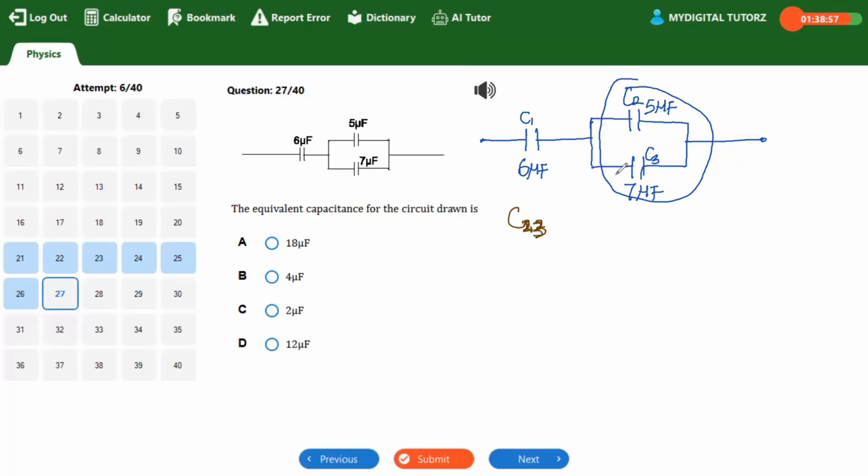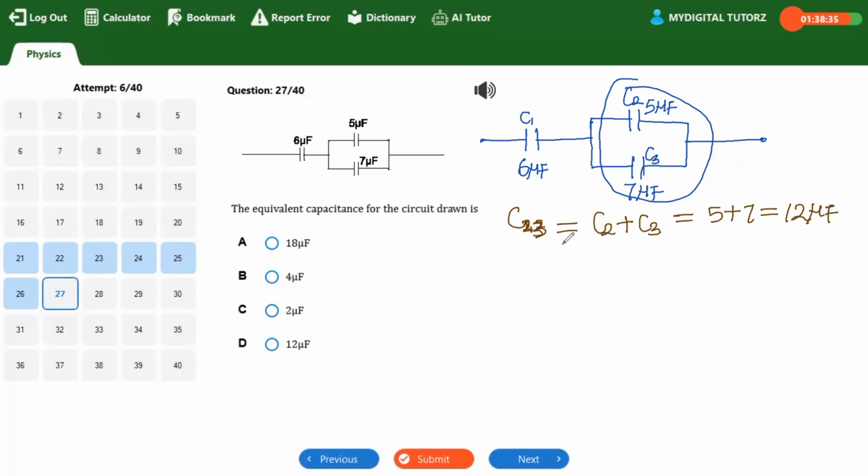That is the combination of the capacitance C2 and that of C3. Since they are in parallel, it's just a direct summation. So that would be C2 plus C3. This gives 5 plus 7, which is equal to 12 microfarad.